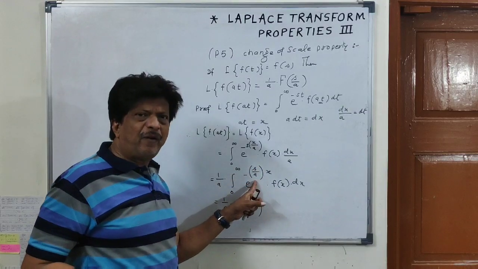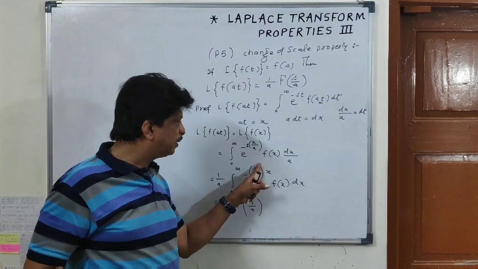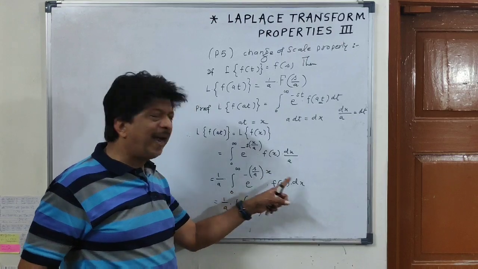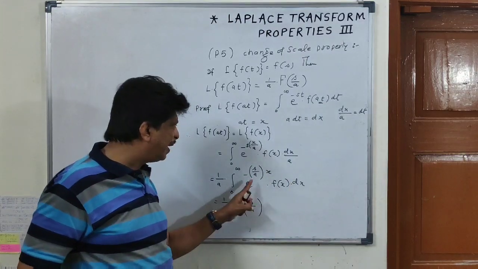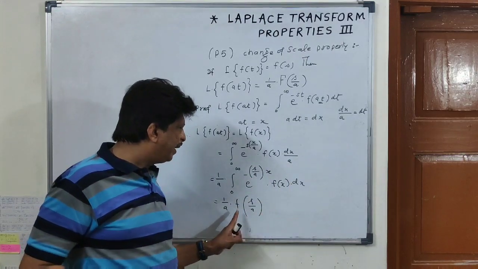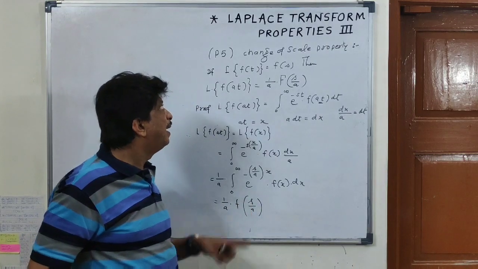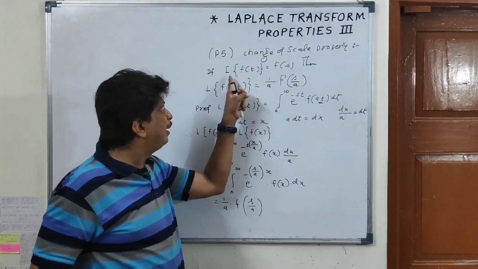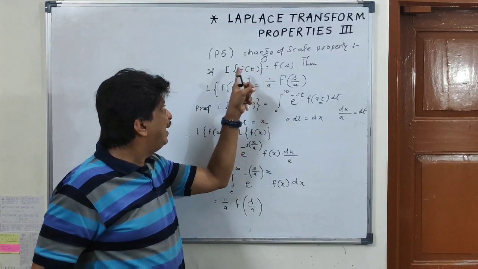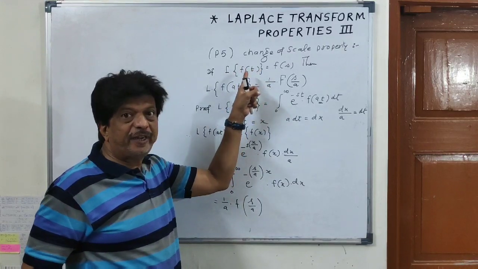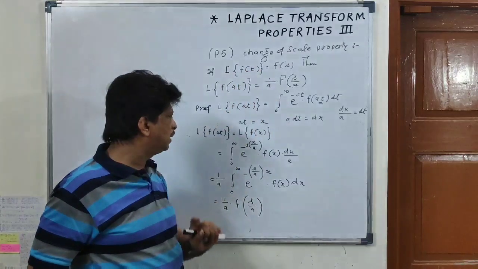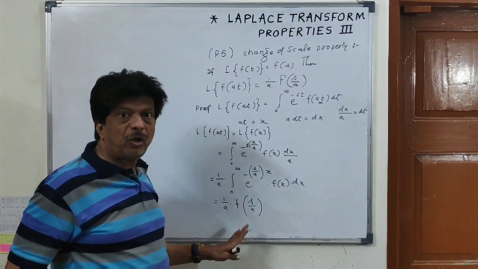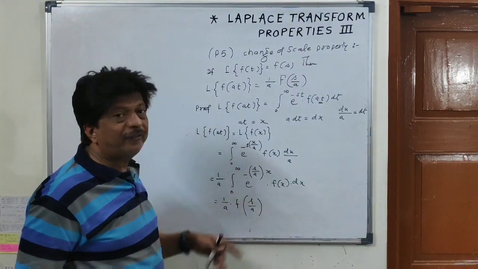Instead of s, we have here s by a. This x and t are dummy variables, so this integral can be written as f of s by a, as we write integral e raised to power minus st f of t dt is f of s. So that proves this fifth and last property.